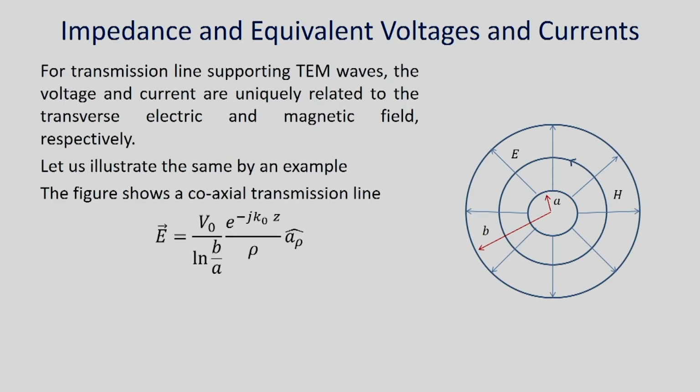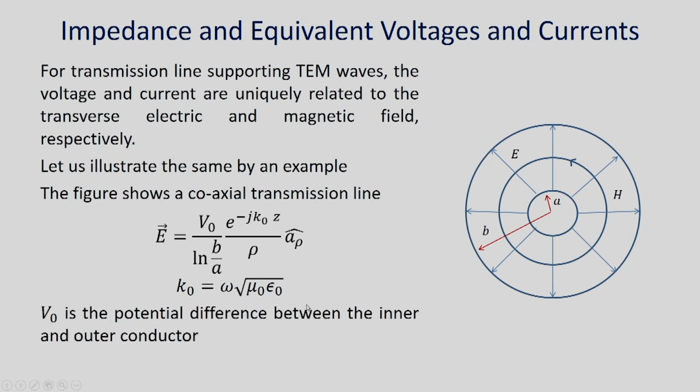For such a line we can find the electric field to be E = V0 / (ln(b/a)) e^(-jkz) / rho, directed along rho, where k0 is omega root mu naught epsilon naught. Voltage V0 is the potential difference between the inner and the outer conductor.